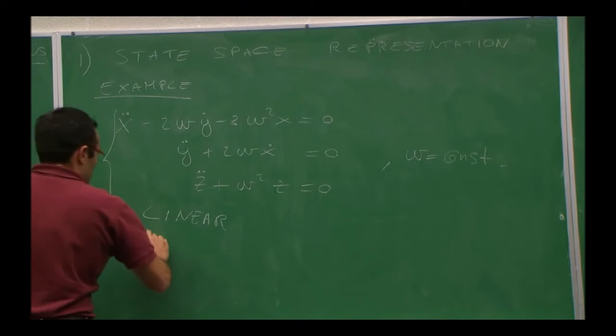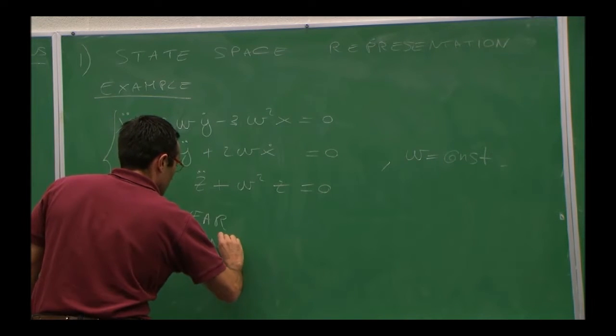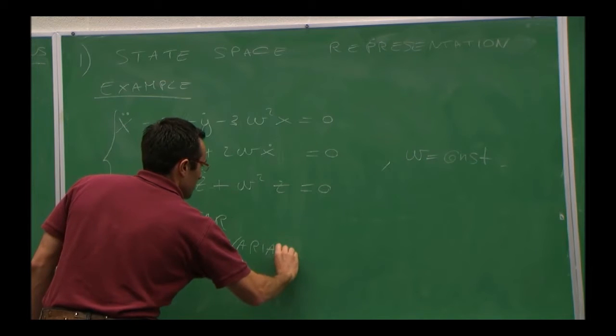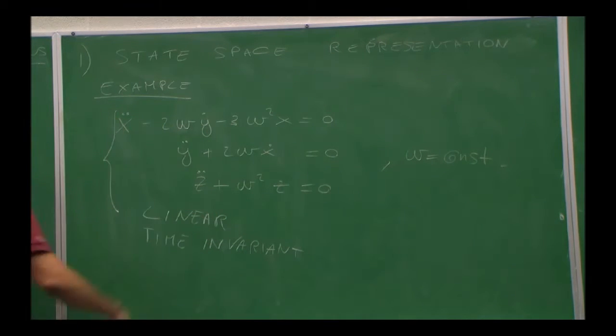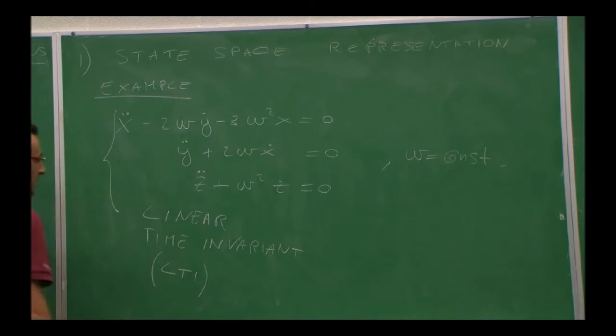And they're also time invariant, because the coefficients in front of the variables and their time derivatives are constant. They don't change with time. I don't see an explicit dependence in time there anywhere, right? Which is also called, in literature, LTI. It's a linear time invariant system. Second order differential equations, LTI.